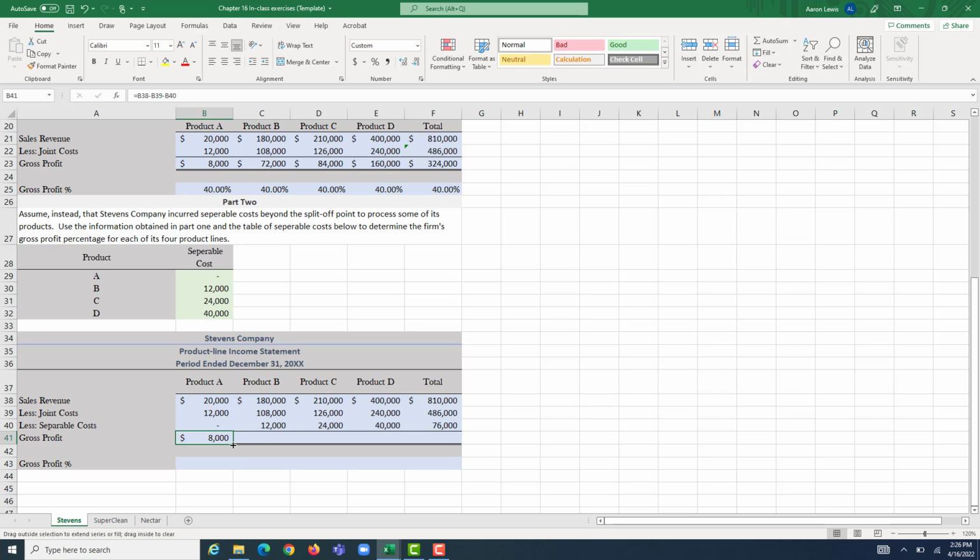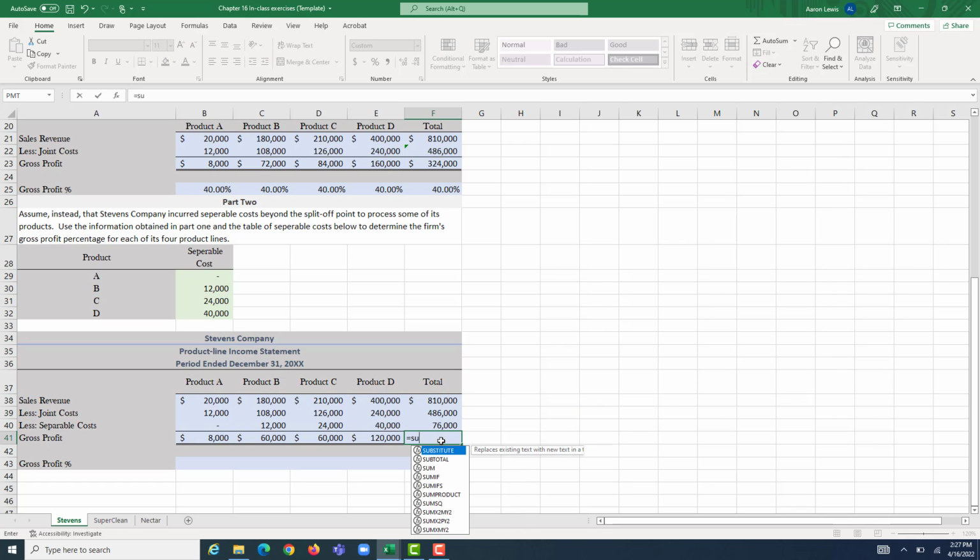However, products B, C, and D are all going to have a decreased gross profit amount because they are incurring extra costs which are unique to that product. And in total, the amount of gross profit that we're generating from sales of these 4 products is $248,000.